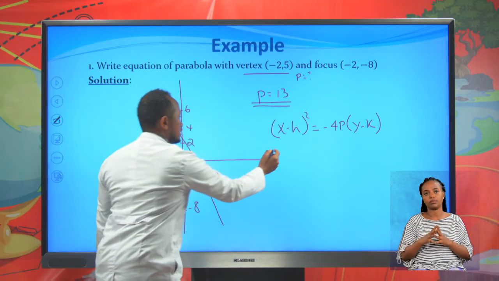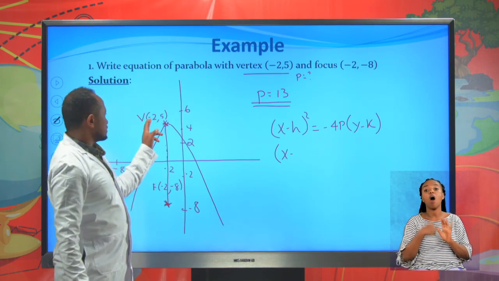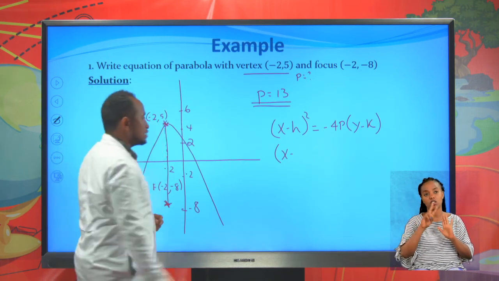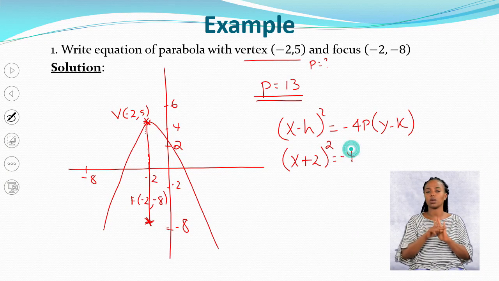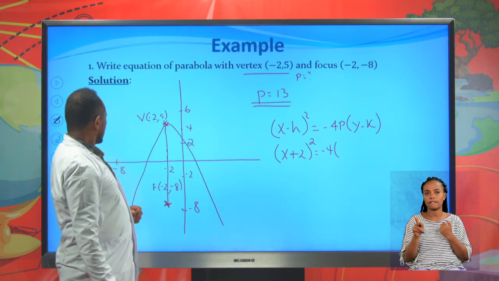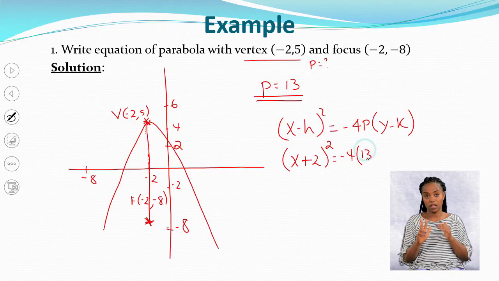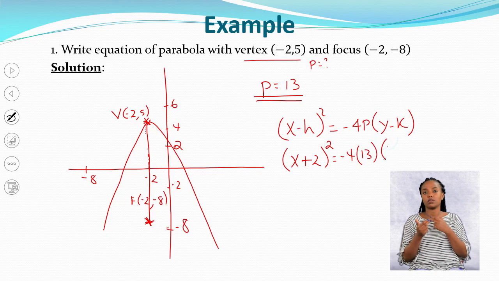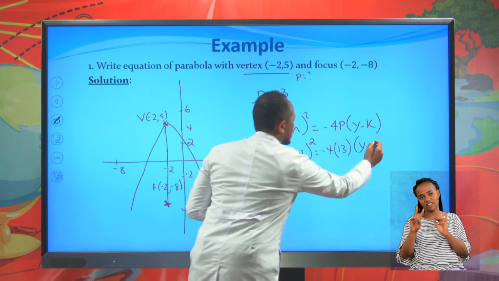Our vertex is negative 2, 5, so x minus negative 2 is x plus 2, the whole squared is equal to negative 4 times p, which we found to be 13, times y minus 5.